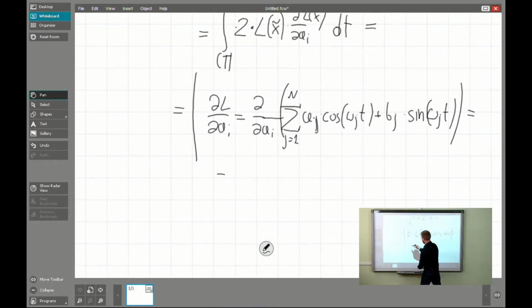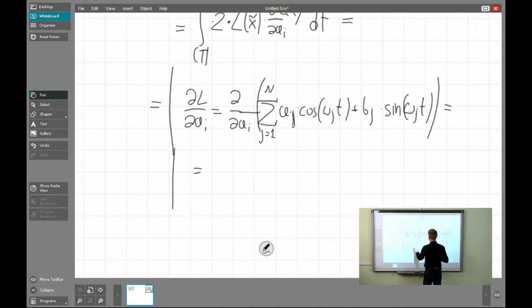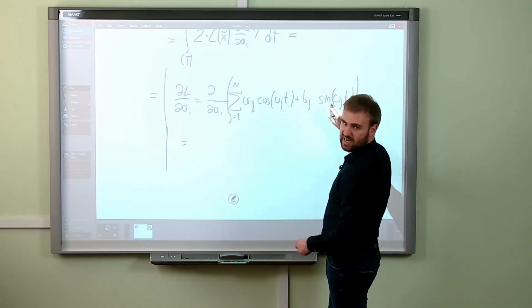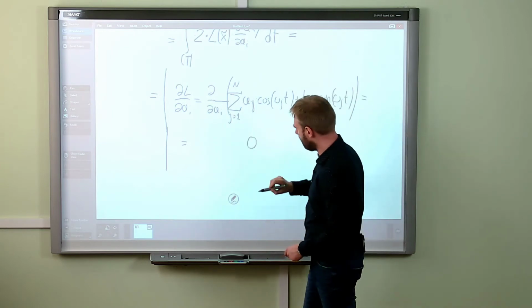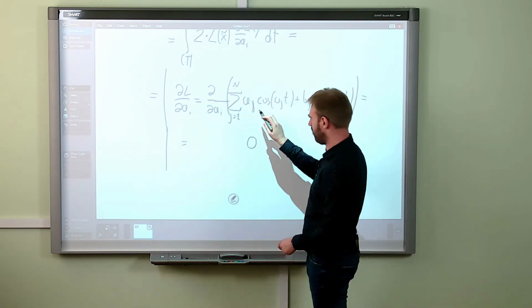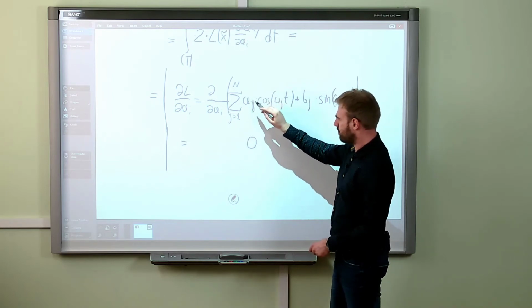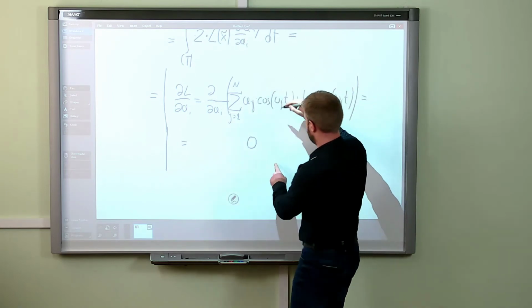Let's compute that derivative. And look how it works. If we are talking about those components, it will be exactly 0. But if we are talking about the first component, here we see A1 times cosine plus A2 times another cosine.